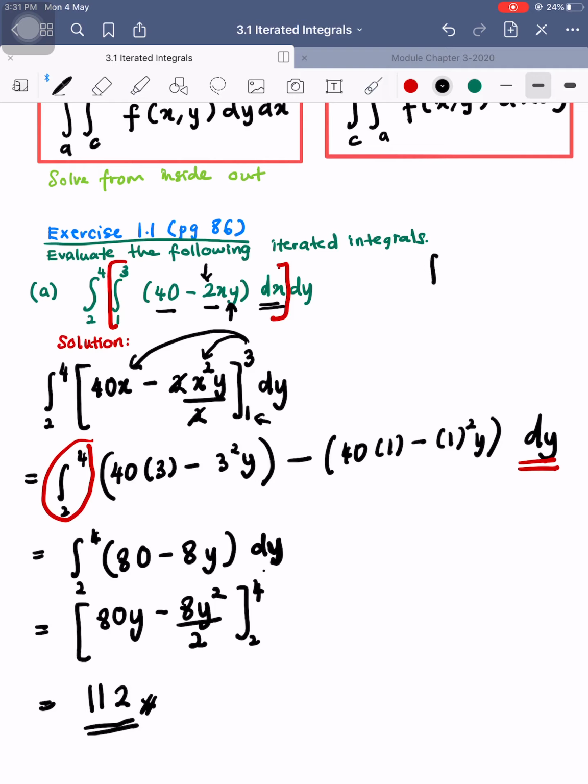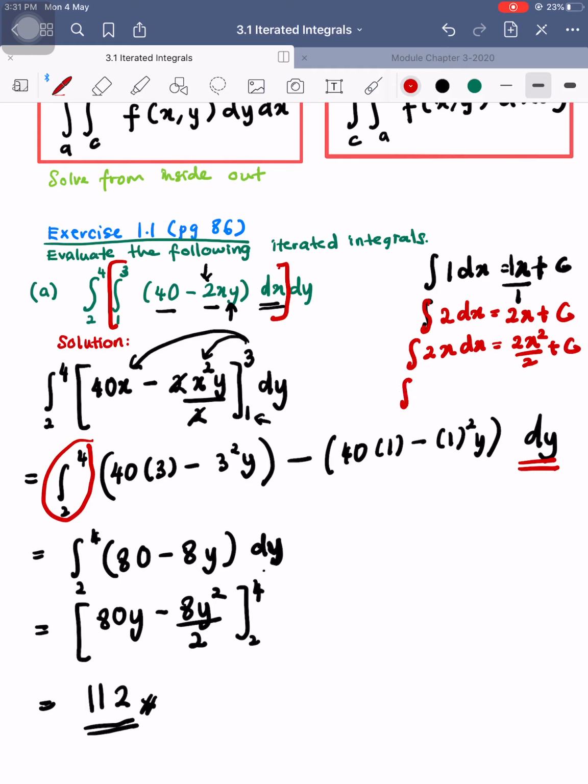Some students might not understand when more than one variable is involved. I repeat, if you want to integrate, let's say, 1 dx, you will get x plus c. If you want to integrate 2 dx, you will get 2x plus c. If you want to integrate 2x dx, you will get 2x squared over 2 plus c.